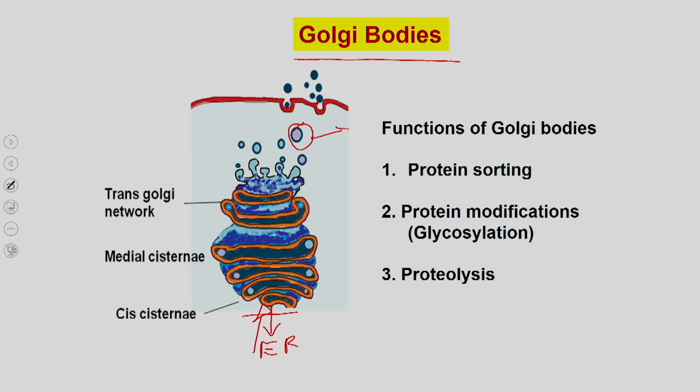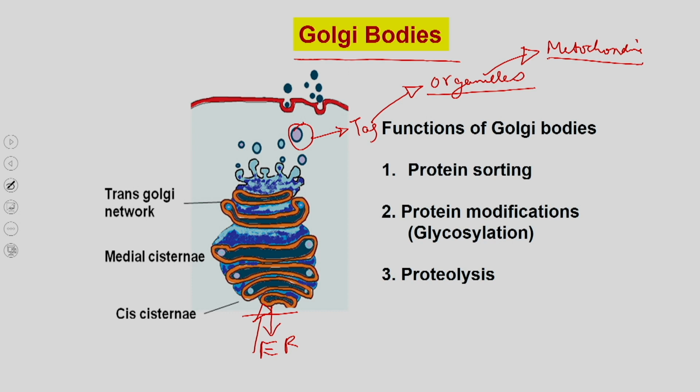These vesicles contain the tag for the organelles which they want to reach as the destination. For example, if these vesicles are being tagged for mitochondria, then they will be tagged with the mitochondrial localization sequences, and they will go to the mitochondria and supply that particular protein to the mitochondria.